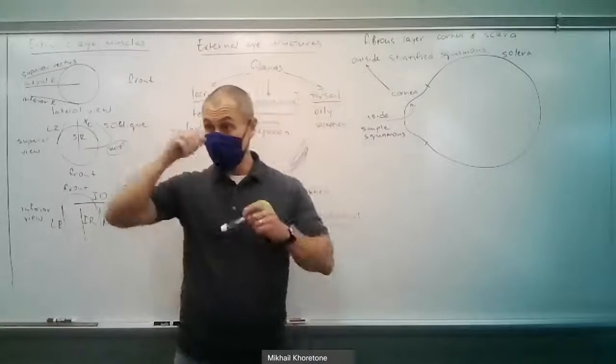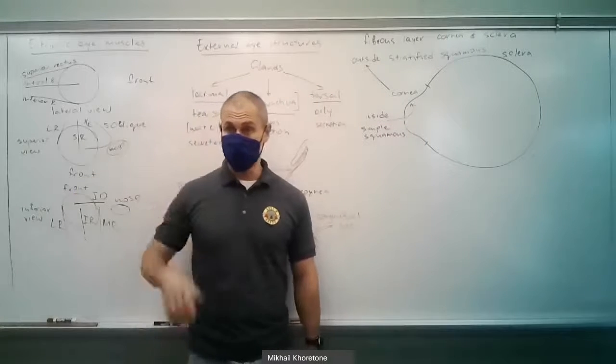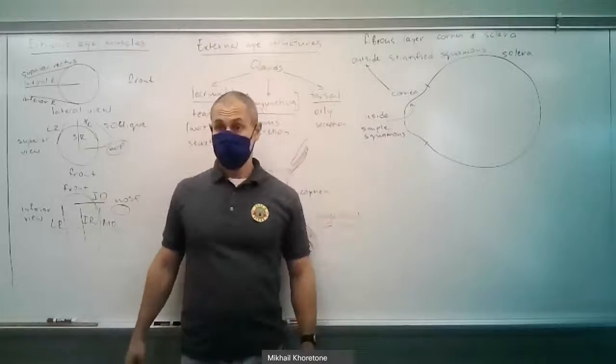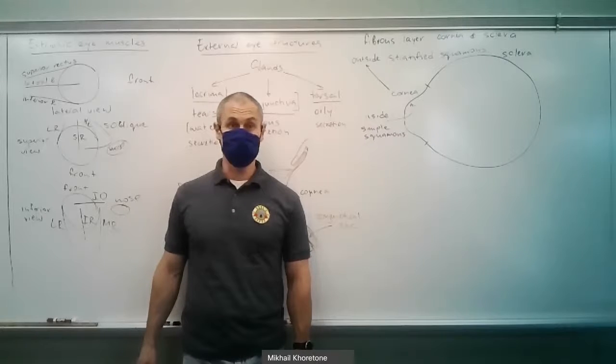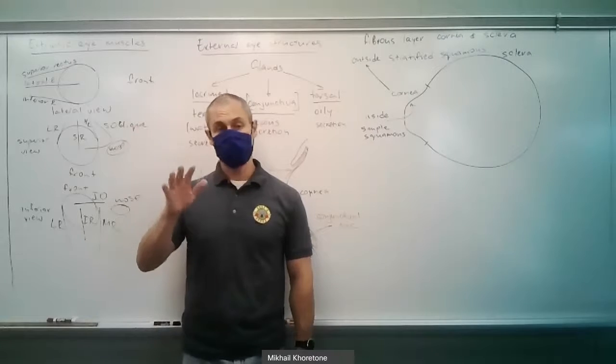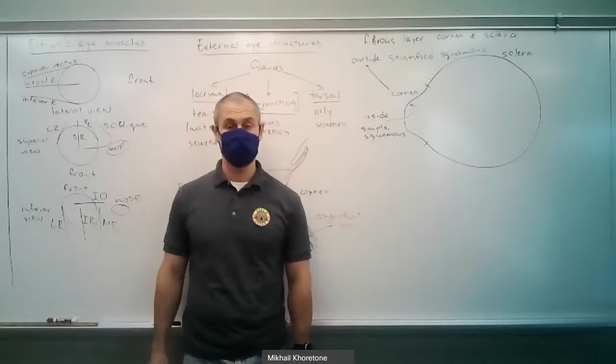So when you're rubbing your eyes, you're really just sloughing off the layers of cells on the outermost cornea. Now, the cornea does not contain any blood vessels or nerves. Why? Well, okay, hold on. There are some nerve endings, but no blood vessels whatsoever.